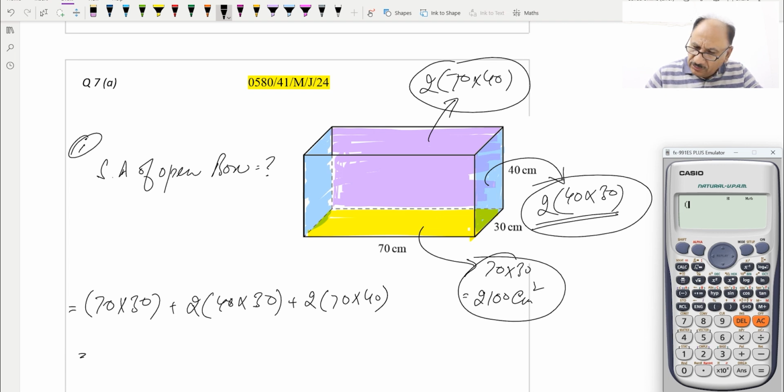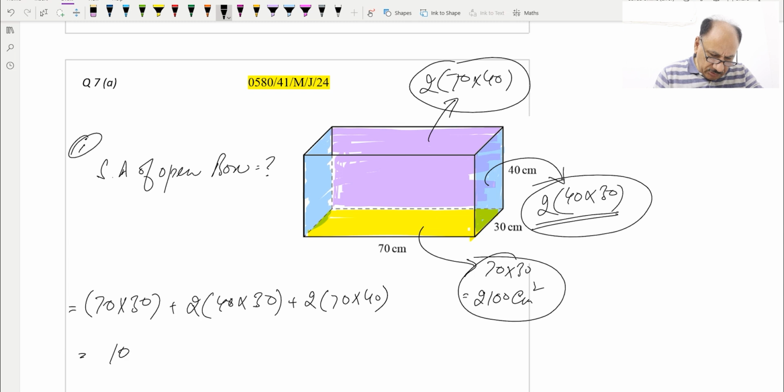So it will be 70 into 30, plus 2 into 40 into 30, plus 2 into 70 into 40, which results in 10100 centimeter square.